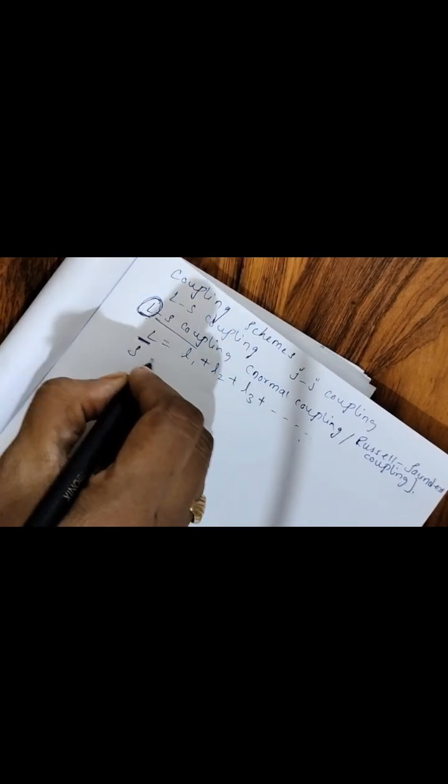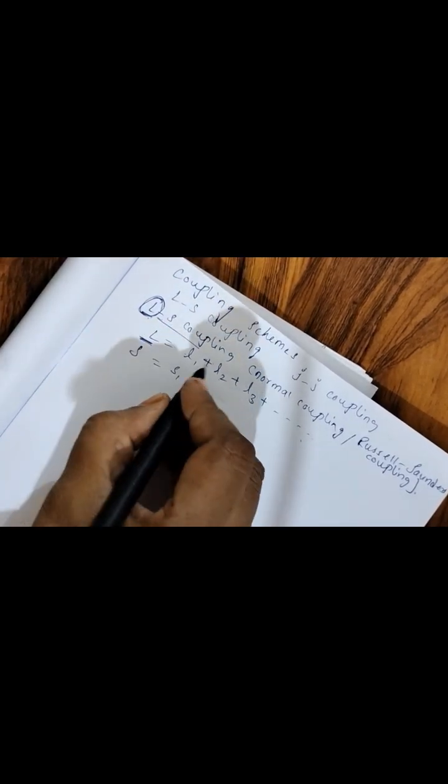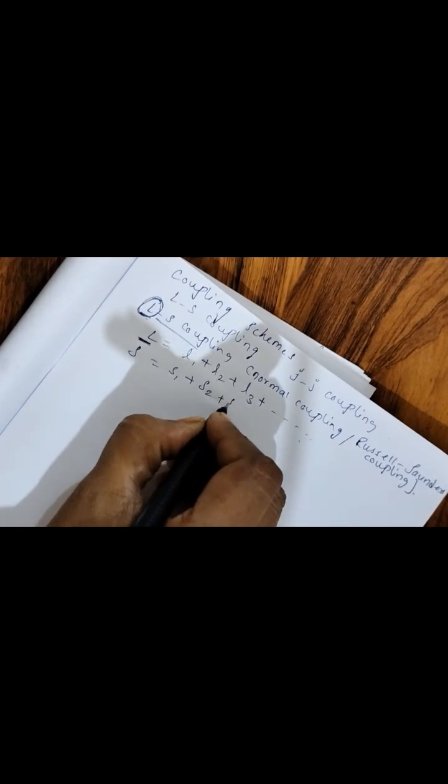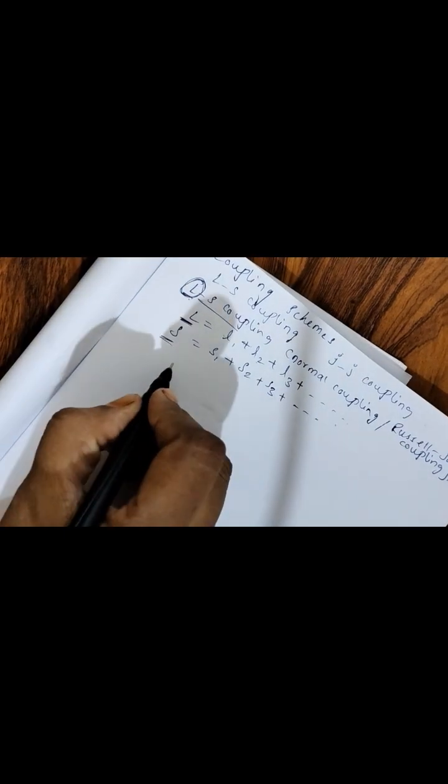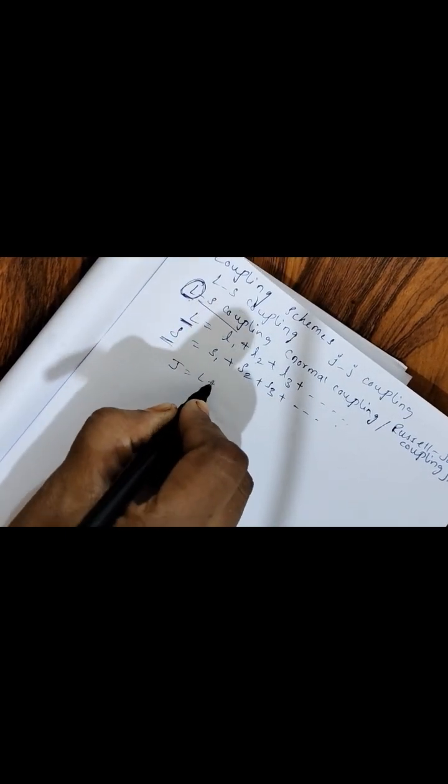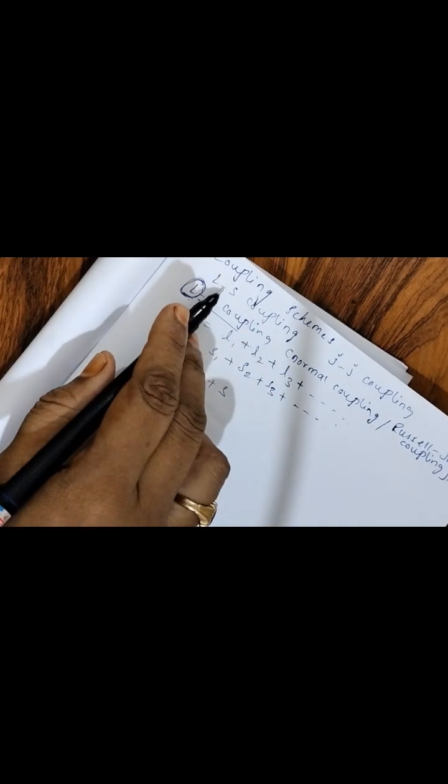Similarly, the summation of spins of individual electrons gives the resultant spin. The combination of this L and S gives rise to the LS coupling.